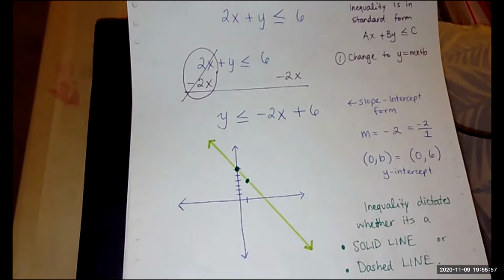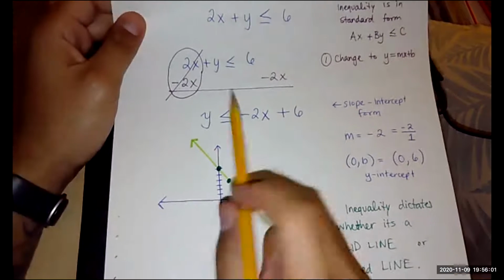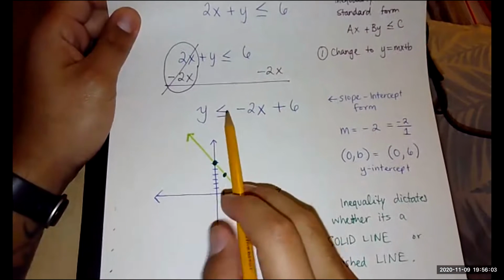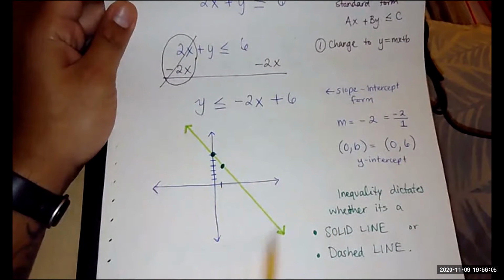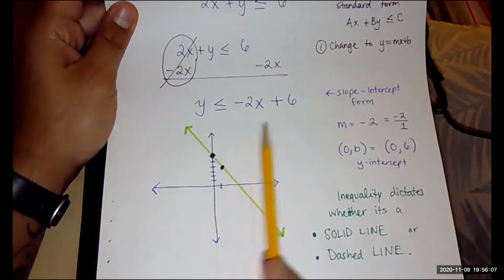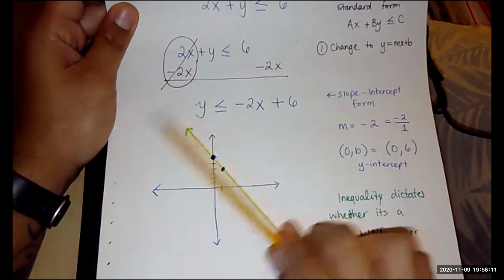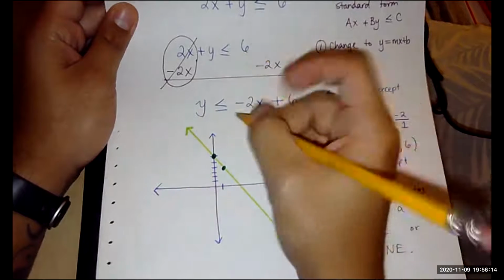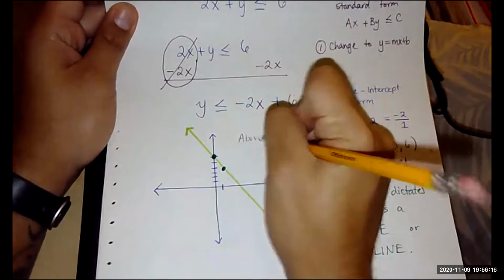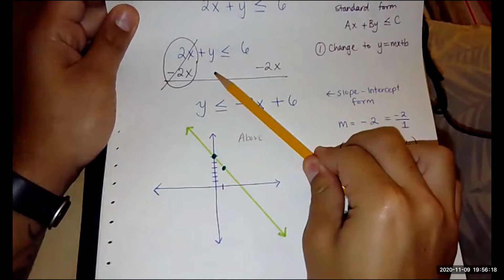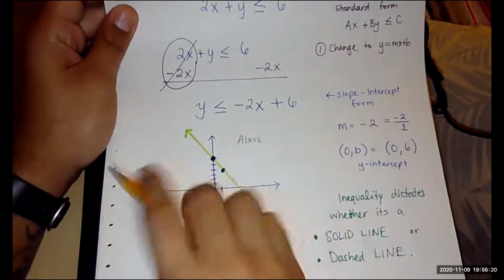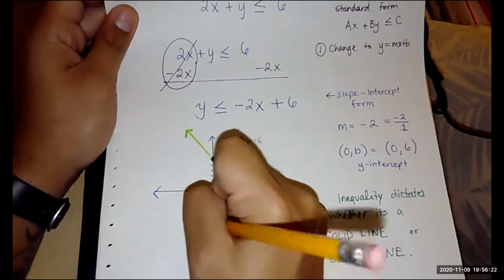And this is something that we didn't talk about for just strictly equations when this was a plain equal sign. But if you think about this Cartesian coordinate space that I drew, the line that I drew here separates the region into something that's above the line and a region that's below the line. So all of this is below the line.